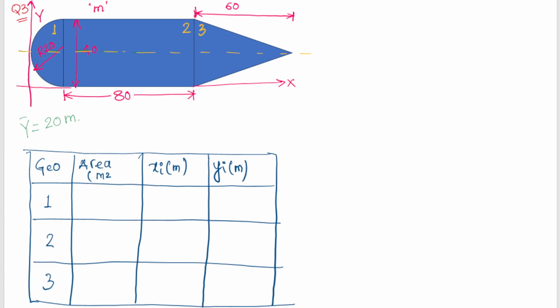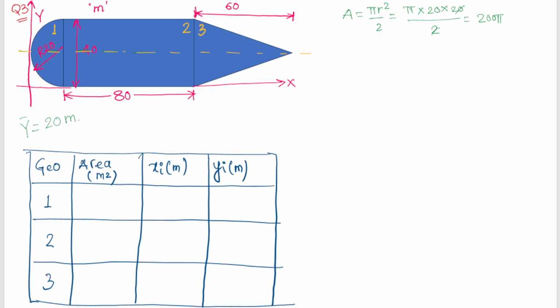So first let's talk about our first geometry, which is a semicircle. The area of a semicircle is given as pi r square by 2. So pi into the radius, which is 20, into 20 by 2, which is 200 pi.